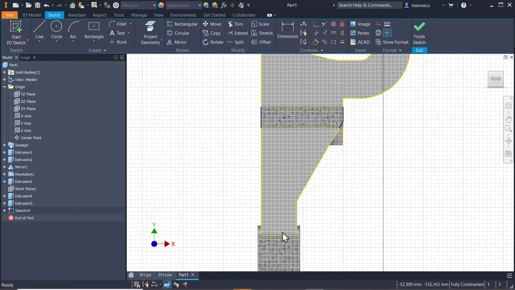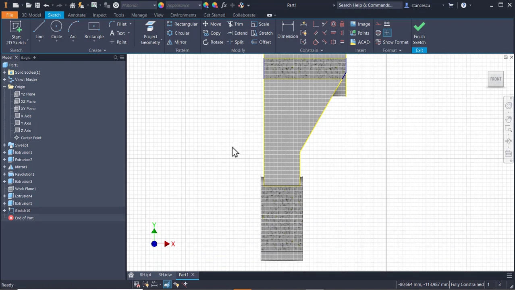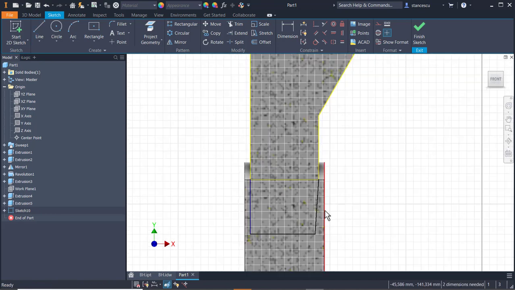Yes, all this, but I extend it here to the center again. This is vertical, of course.